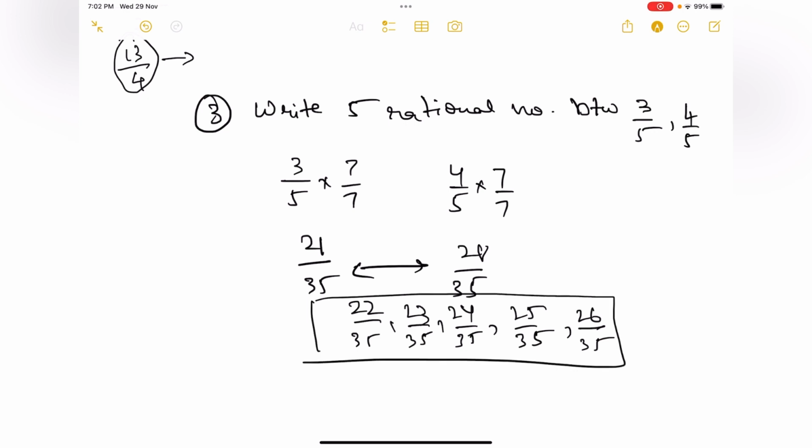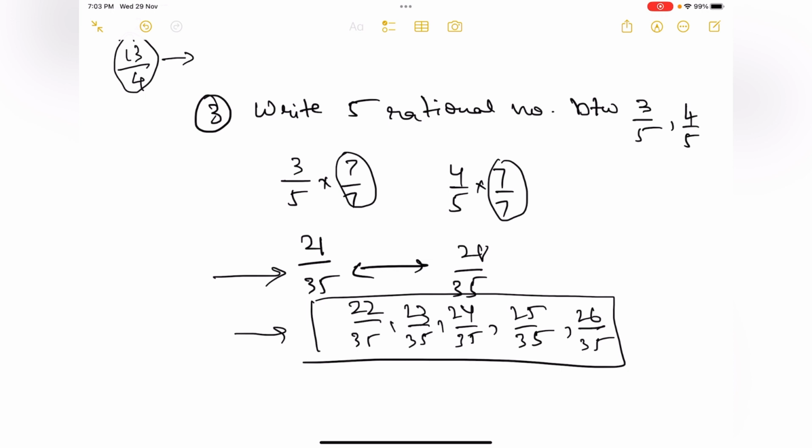So basically you're just multiplying the number by 1 to get an equivalent fraction, so that it becomes easier for us to get the rational numbers between those two numbers, right?